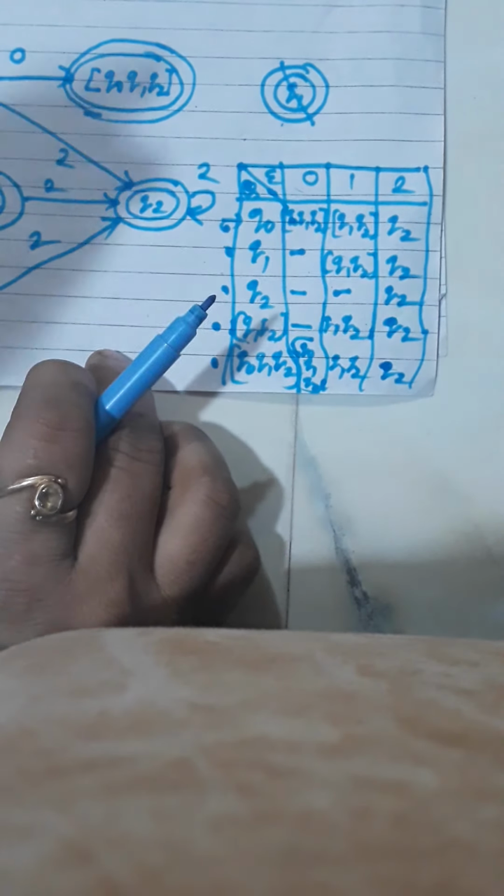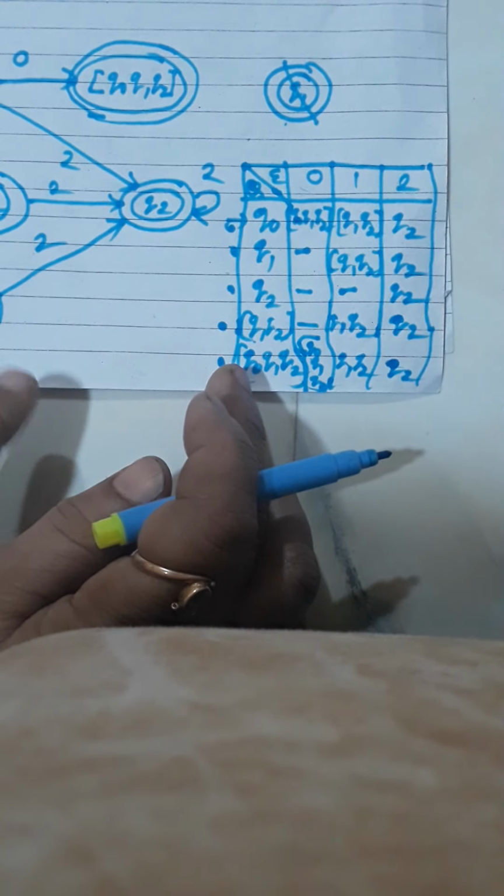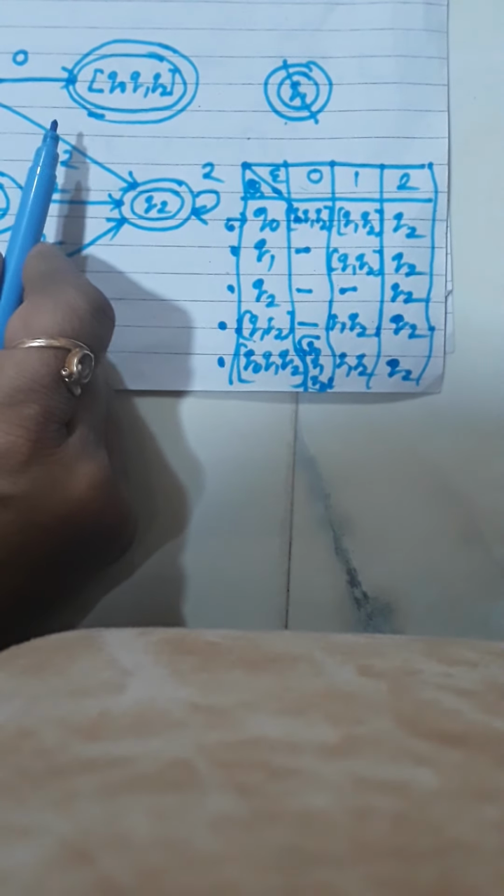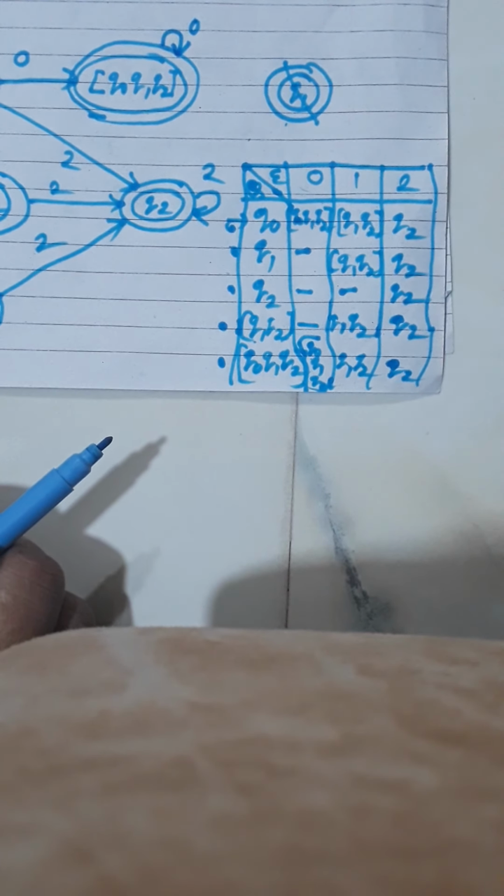So here, before drawing this diagram, Q0 on 0 moves to itself, right? Q0, Q1, Q2 on 1 moves to Q1, Q2, and on 2 it moves to Q2, right?